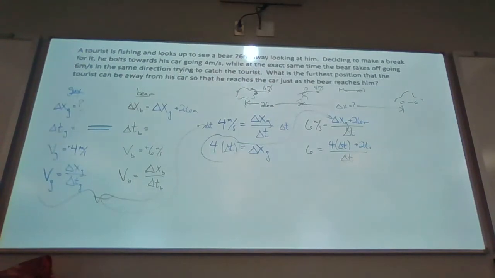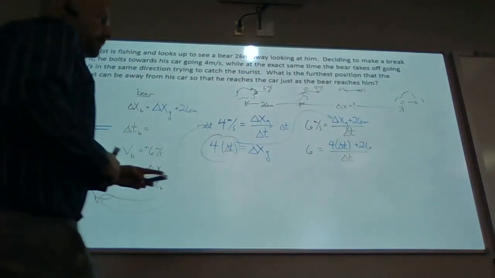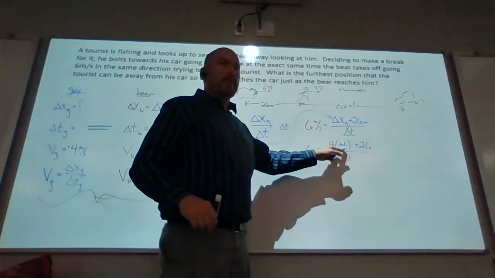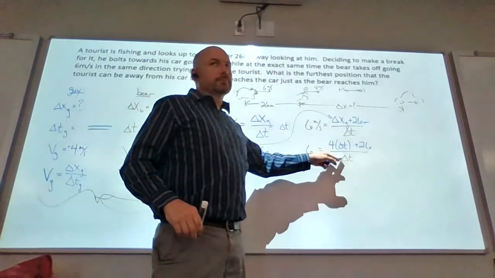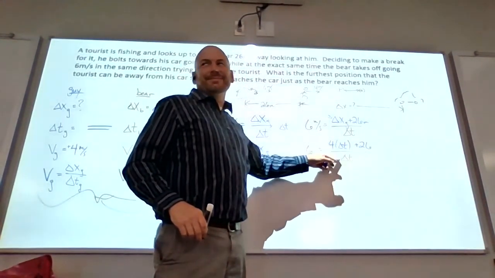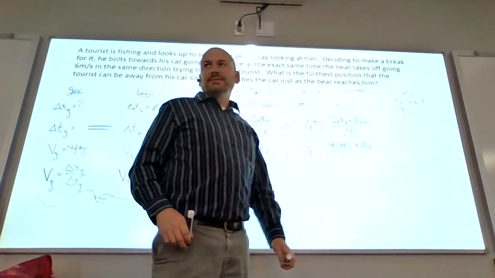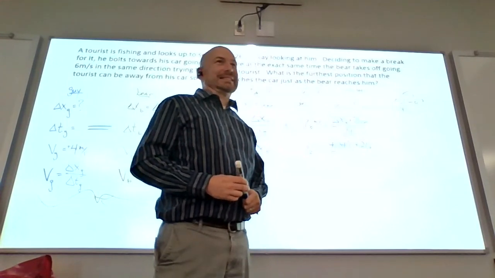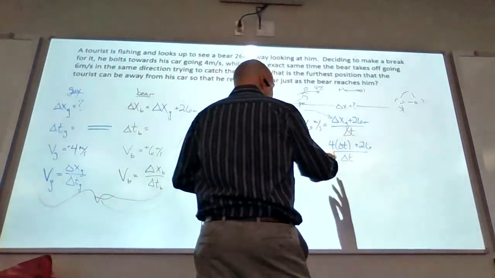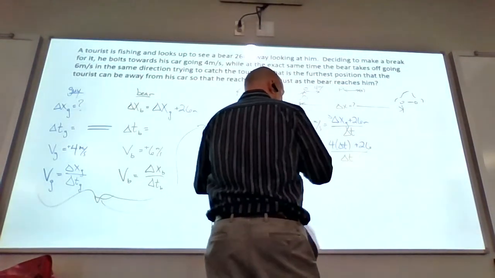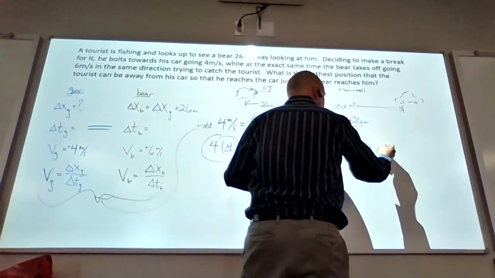Can I cancel these two out? So I don't have a delta t here. Oh yeah. Okay, so I'm going to bring delta t over here. So multiply delta t on both sides.